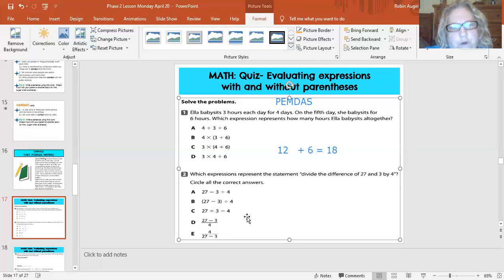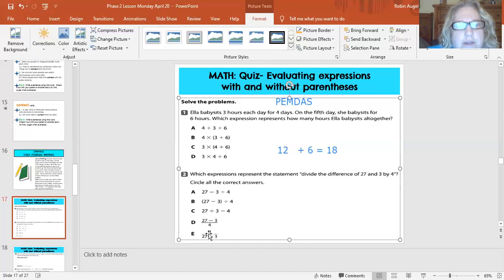When we see this line here, that's a fraction, isn't it? Okay, even though this might work, I think we should stick to our expressions, all right? Because this is saying take away 3 from 27 and then divide by 4, but let's stick with our expressions, which is a written statement.